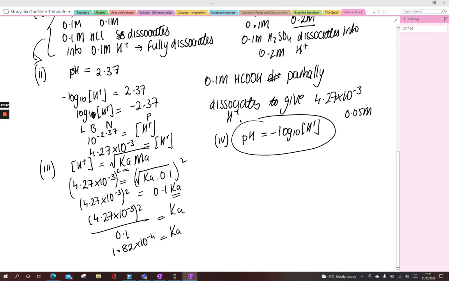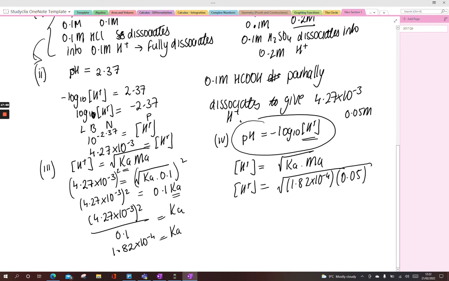By doing that, I know I'm going to have to work out my hydrogen ions. And for a weak acid, my hydrogen ions are the square root of Ka times Ma. I'm going to use my answer of the Ka I worked out in part 3. So it's the square root of 1.82 by 10 to the minus 4 times my Ma, which is 0.05, which they told me in the question.